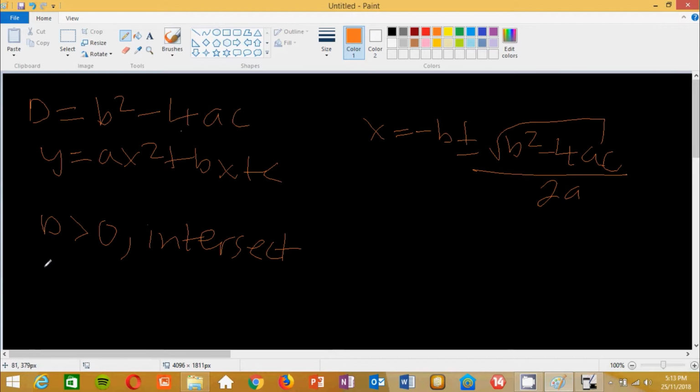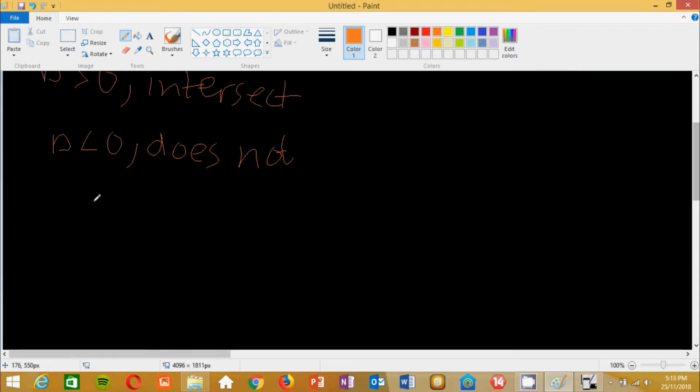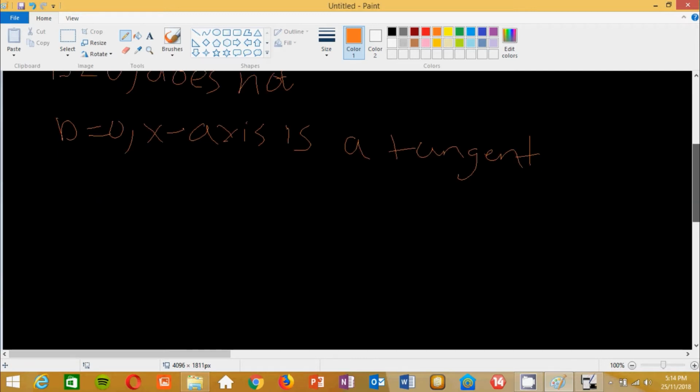Now, the second rule to note is that if the discriminant D is less than 0, then the curve does not intersect the x-axis. Therefore, it will lie above the x-axis or it will lie below the x-axis, like the other curves we've seen. And finally, if the discriminant is 0, and you might have guessed it, the x-axis is a tangent to the curve.